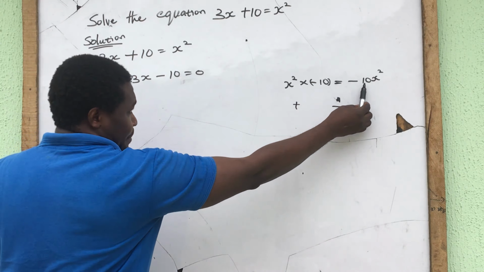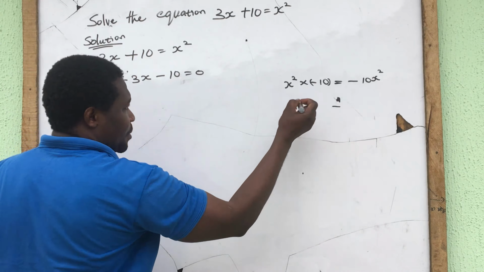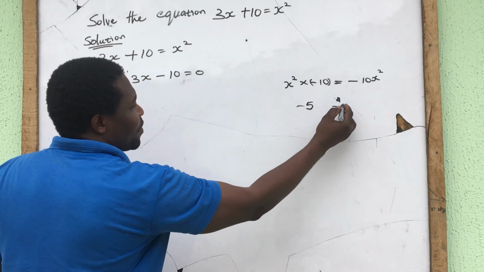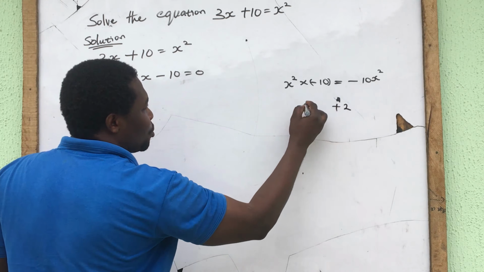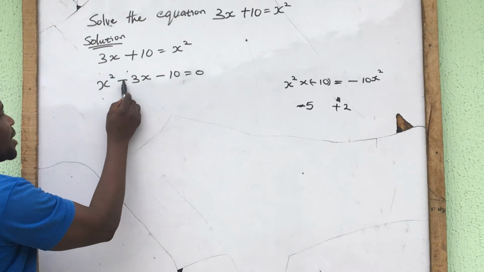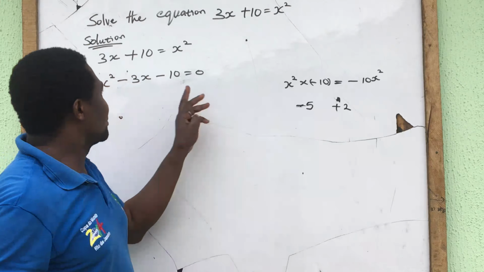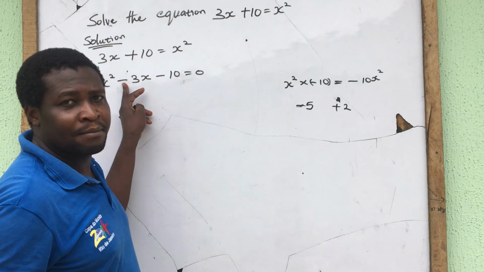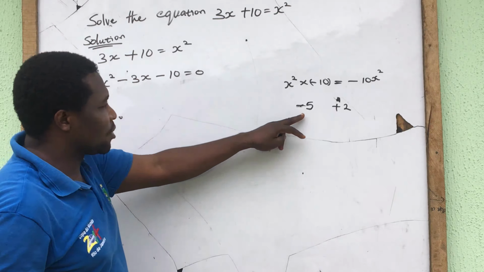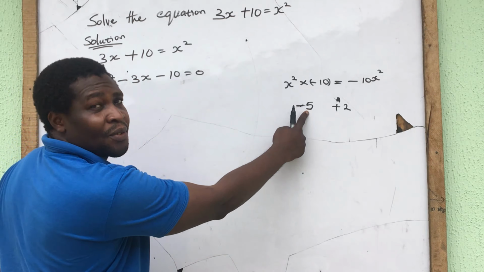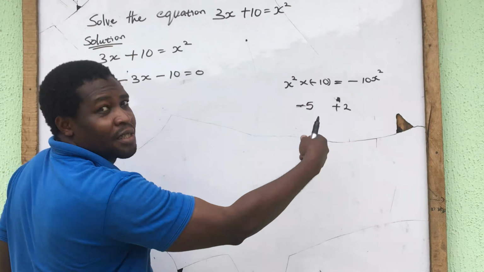And when you look at 10, that is 5 and 2. So therefore, minus 5 plus 2. Why? Because the sign here is minus, so the bigger factor will carry this sign, while the smaller will have the other sign.